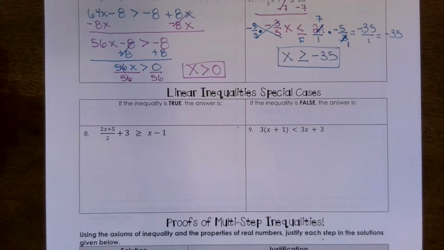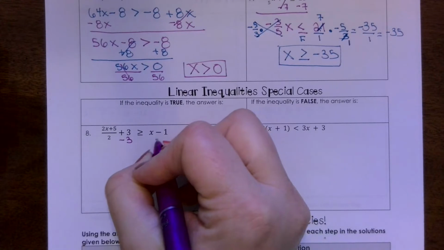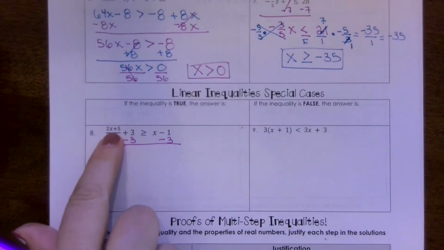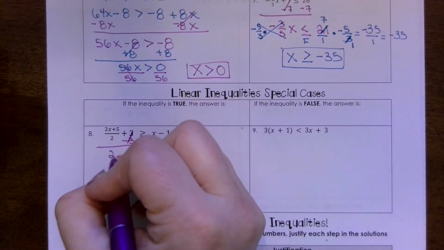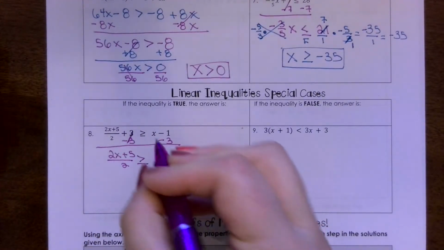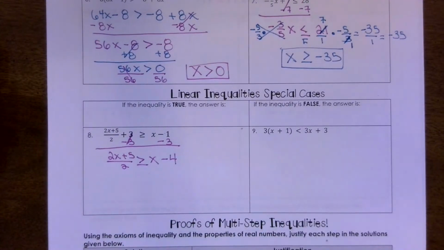I can't combine my x's or like terms because I have this denominator, so I am going to remove the constant first. I really want to get this side, 2x plus 5 over 2, alone, so I can then remove the denominator. So now I have 2x plus 5 divided by 2 is greater than or equal to x minus 1 minus 3 is minus 4.